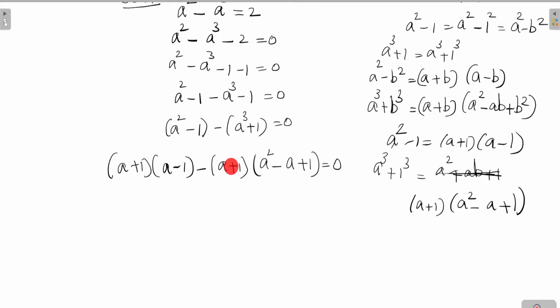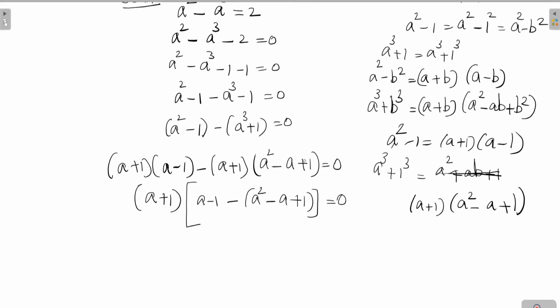Here a plus 1 is the common factor of both terms. So we are writing a plus 1 as a common factor. Let us write all the other terms: a minus 1, minus of the last factor a square minus a plus 1, which is equal to 0.